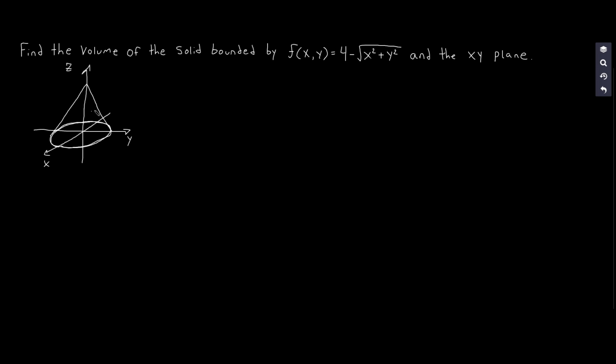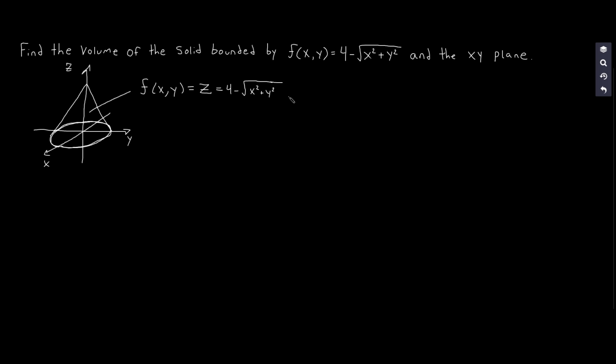And so one thing to note is that this is our function f of x and y, and we know that f of x and y equals z, and so z equals 4 minus the square root of x squared plus y squared. And so we're prompted to find the volume of the solid bounded by this thing.